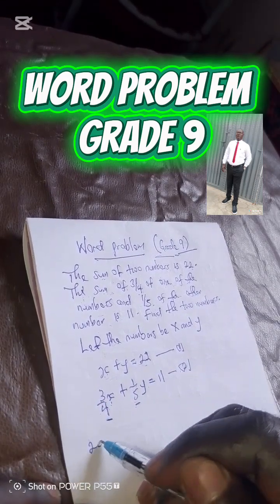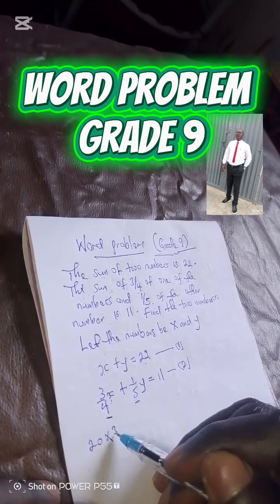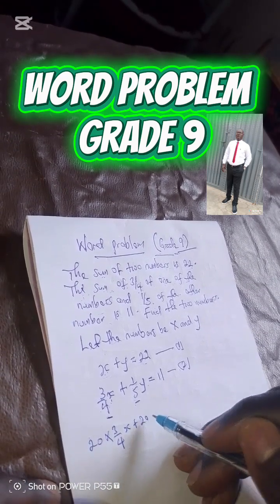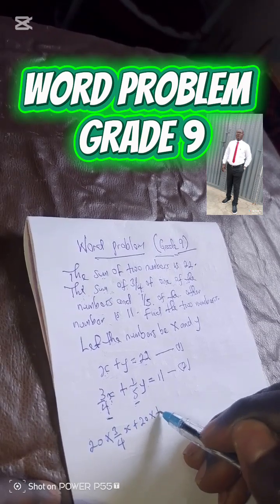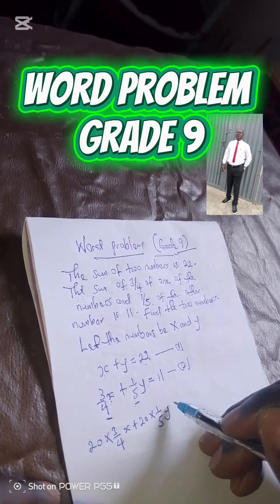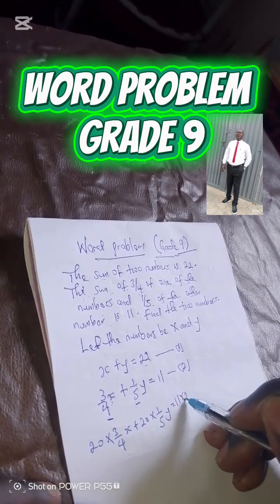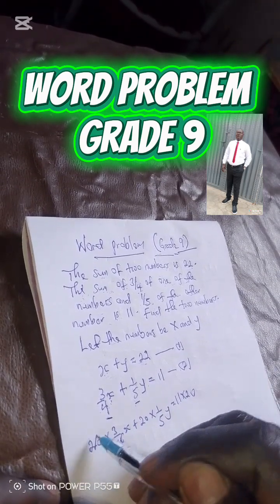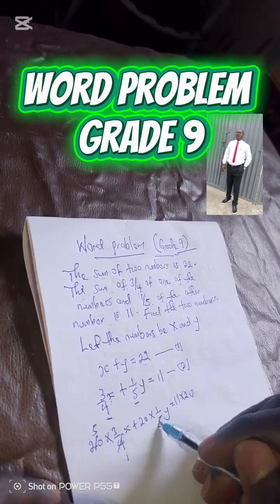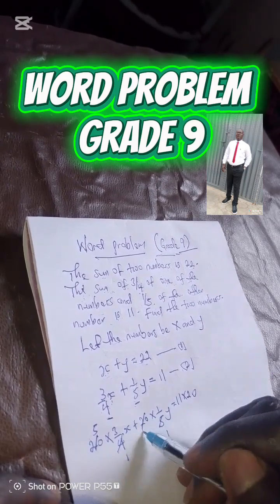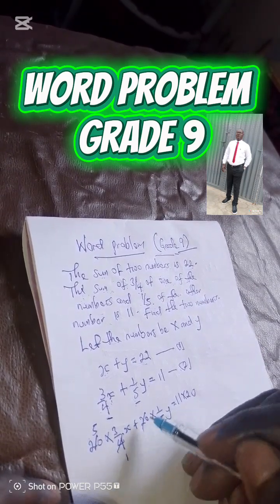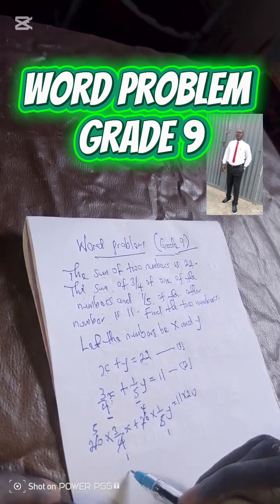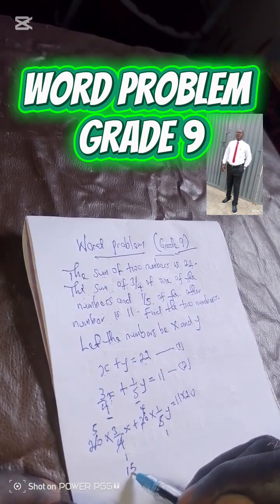So it will now be 20 times 3 over 4 x plus 20 times 1 over 5 y is equal to 11 times 20. Now, 4 goes into 20 five times, so 5 times 3 leaves us with 15x.